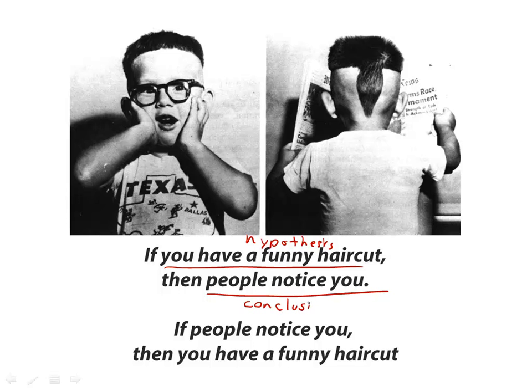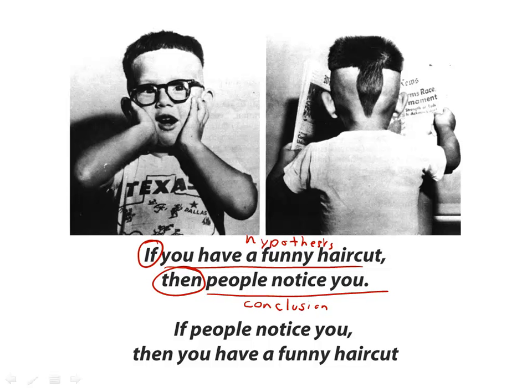How do you identify where they are? You look for the keywords if and then. If identifies the location of the hypothesis most of the time, or some word like that, and then identifies the location of the conclusion.